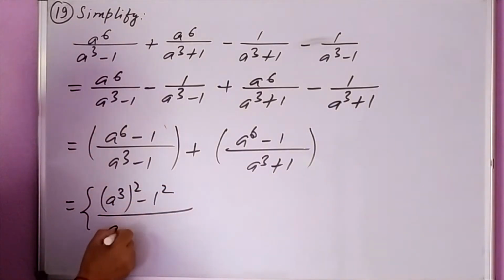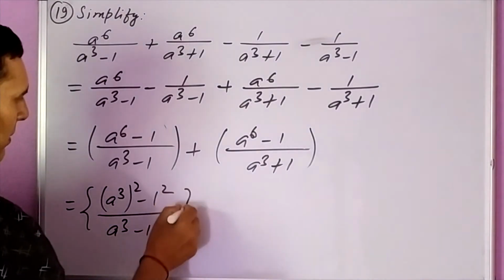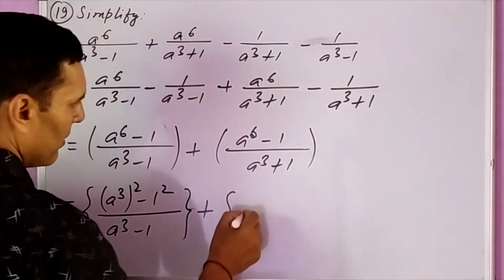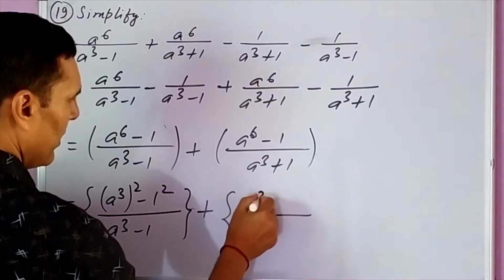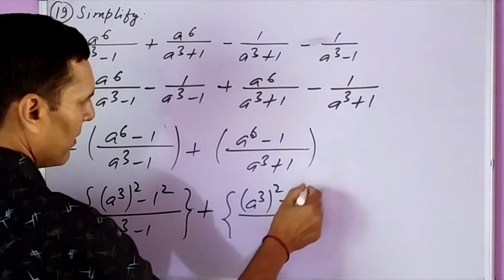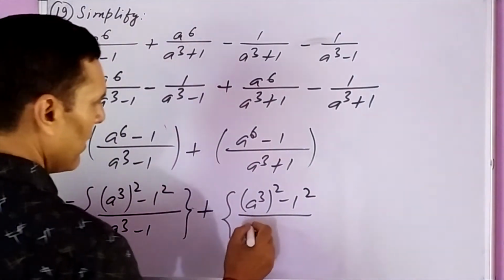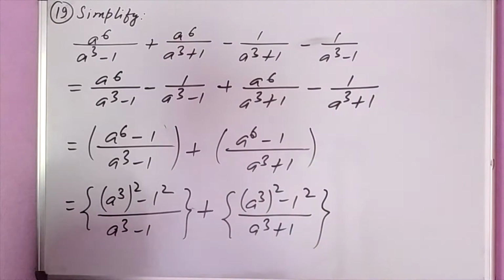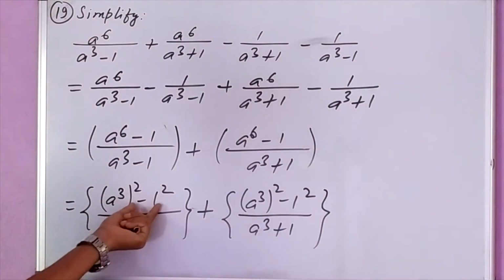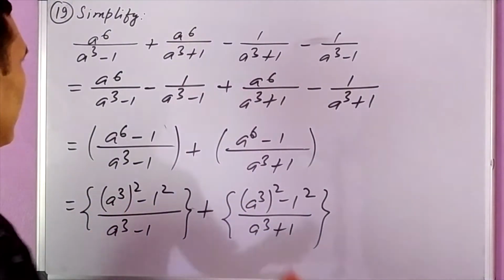1 is 1 square, a cube minus 1 plus the second bracket also a cube whole square minus, for this one we can write 1 square, and a cube plus 1 in the denominator as it is. Now we have a square minus b square form in both numerators.